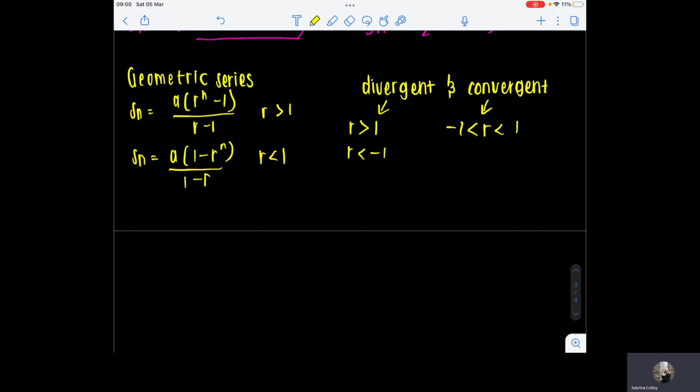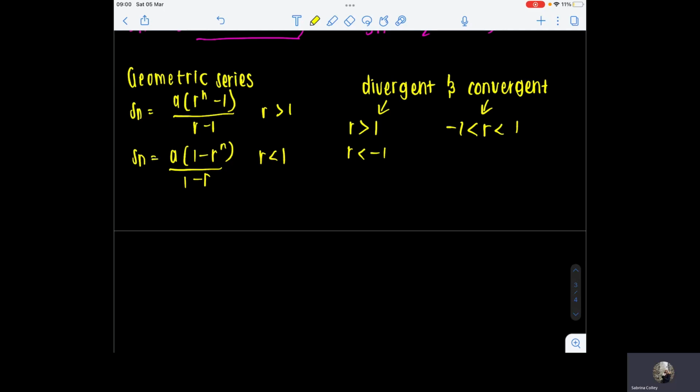So you're looking at your ratio. If it's divergent, r is greater than 1, so your ratio is 2, 3, 4, 5, 6, and so on, or r is less than -1, so -2, -3, and so on. If it's convergent, you're looking at fractions that lie between -1 and 1. Okay, so that is what you're looking at.